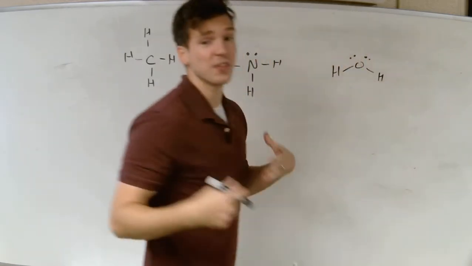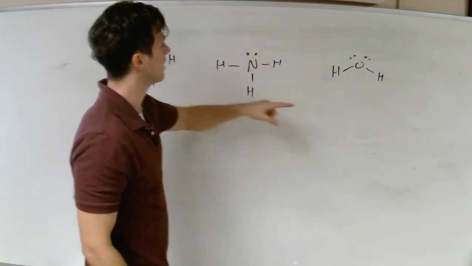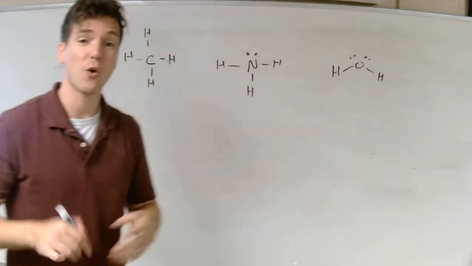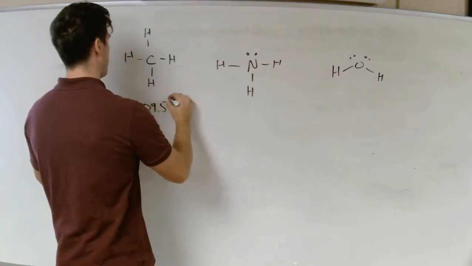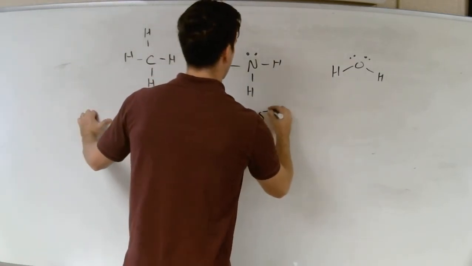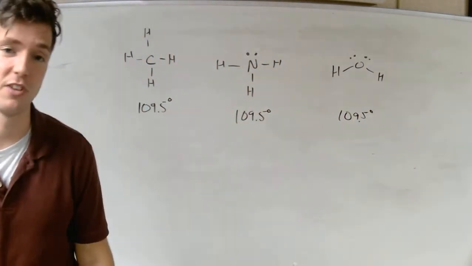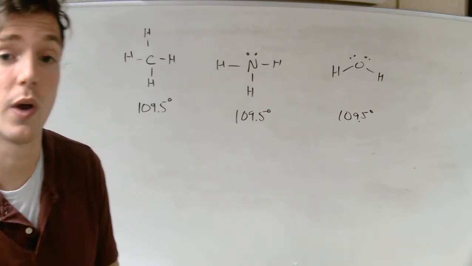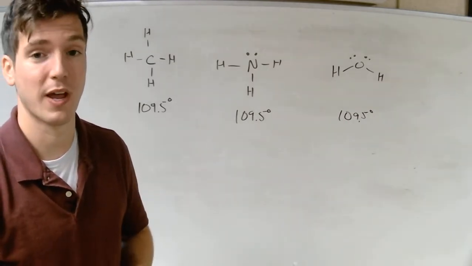Okay? All these guys have 4 domains, right? 1, 2, 3, 4, 1, 2, 3, 4, 1, 2, 3, 4. So they're always going to have a bond angle of 109.5, which I always say is our favorite radio station, 109.5. So you see anything with 4 domains, always a bond angle of 109.5.